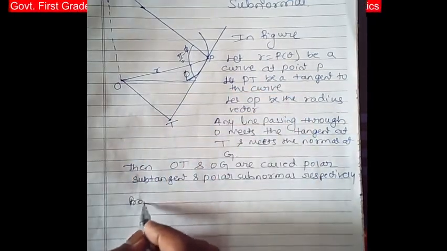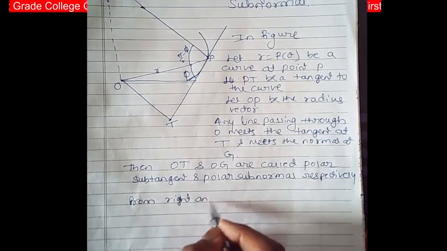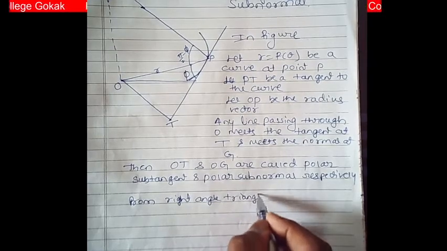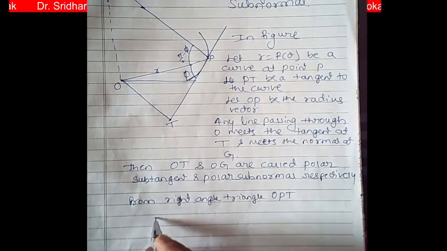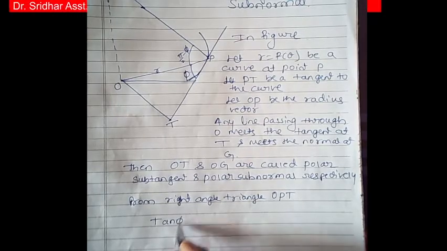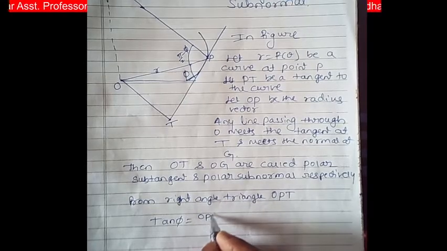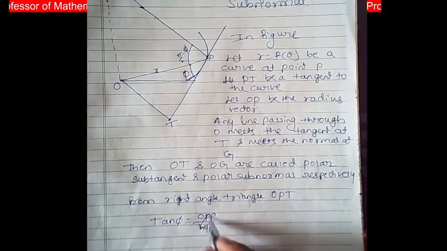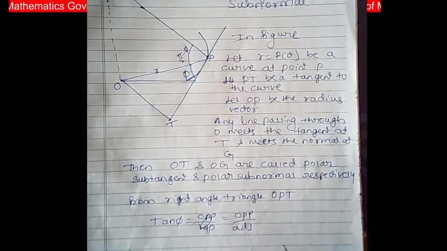Now from the right angled triangle OPT, we write tan phi is equal to, what is tan phi? Opposite side divided by adjacent side.